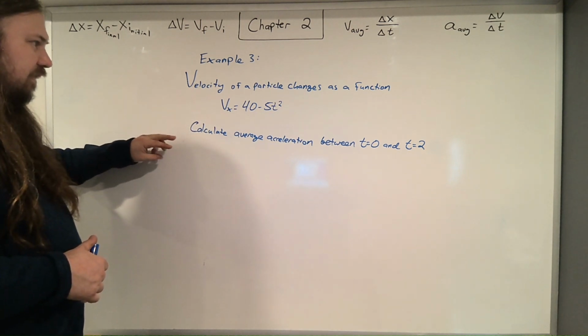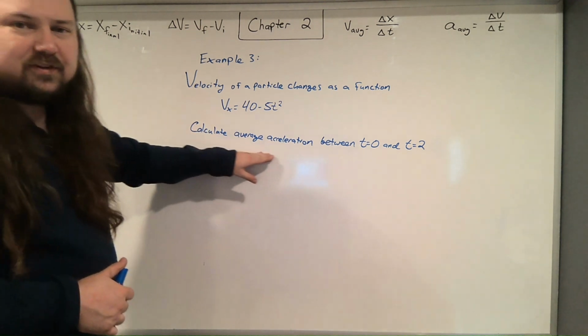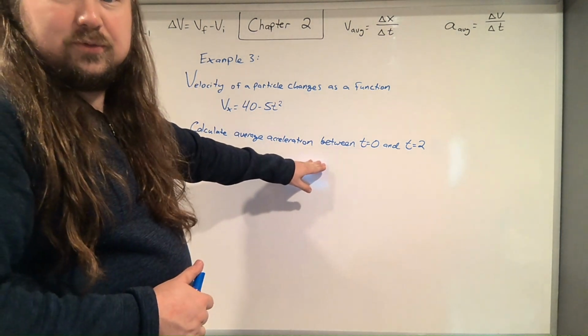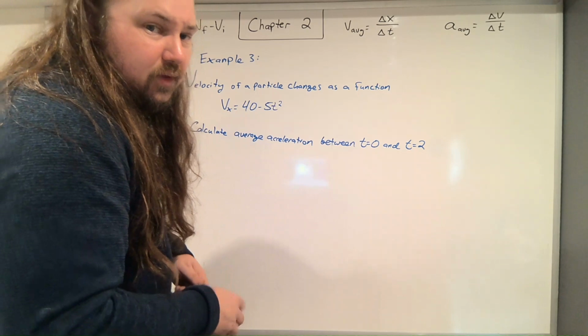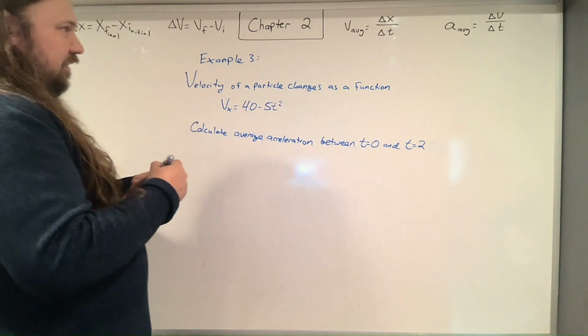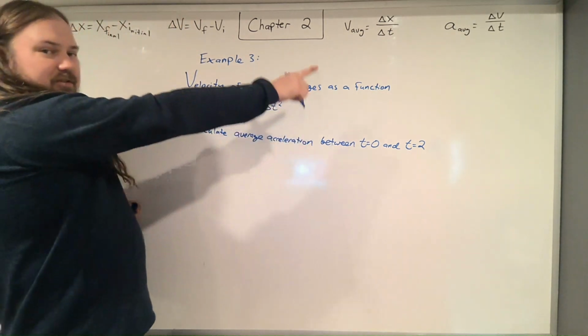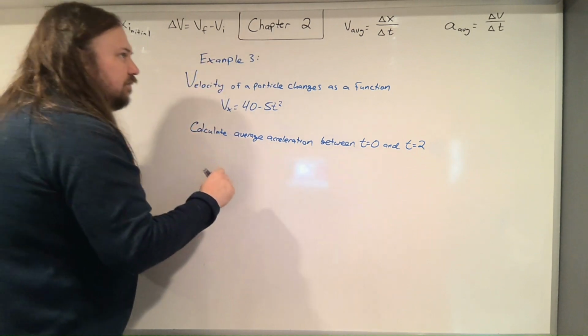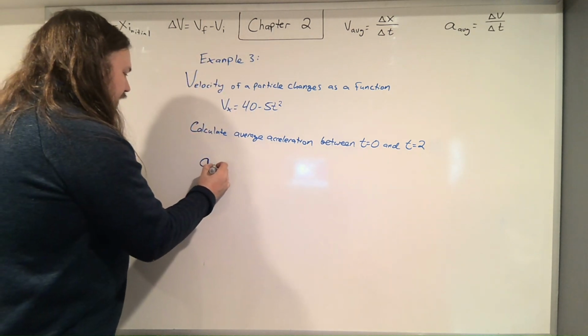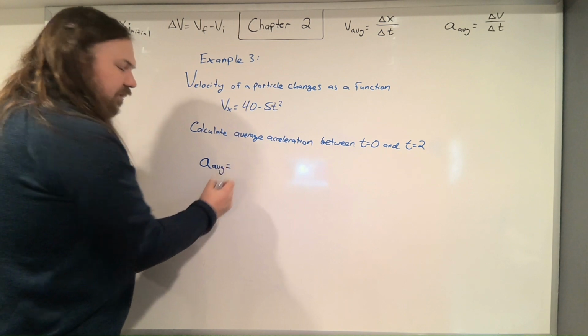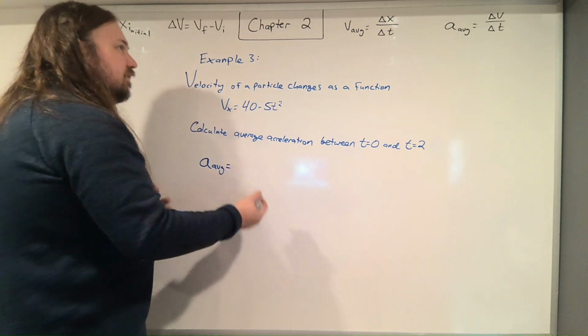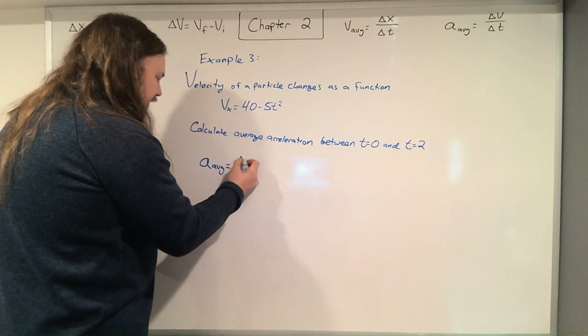Here, we can calculate what the average acceleration is between two times, t equals 0 and t equals 2. Okay, so we have an equation for average acceleration. It's up in the corner there, a average, and it works a lot like the velocity equation, except instead of position, it uses velocity.